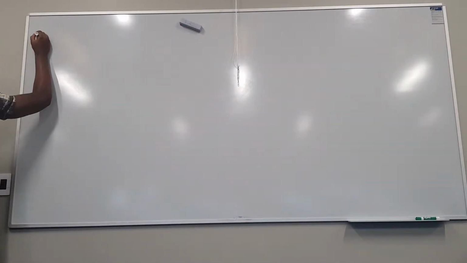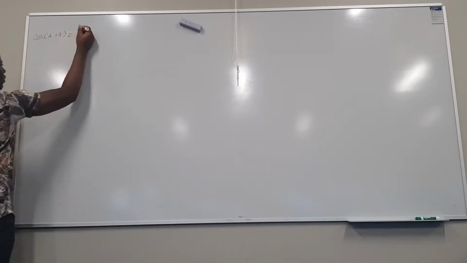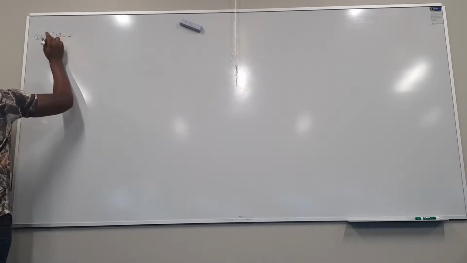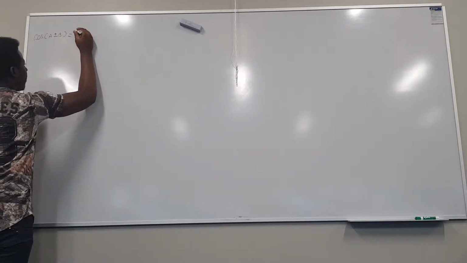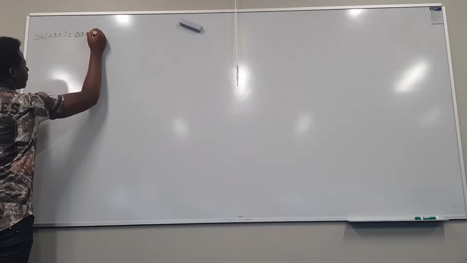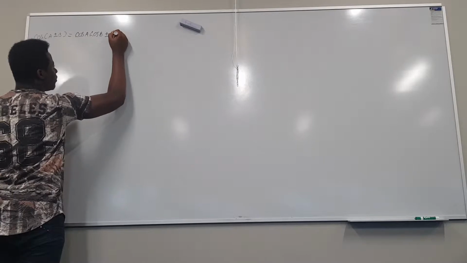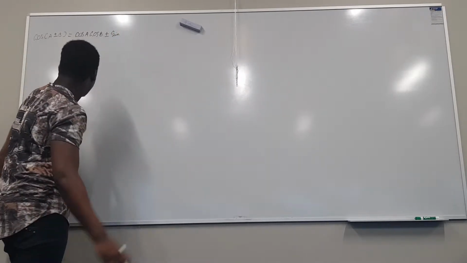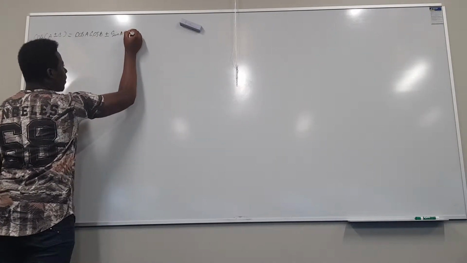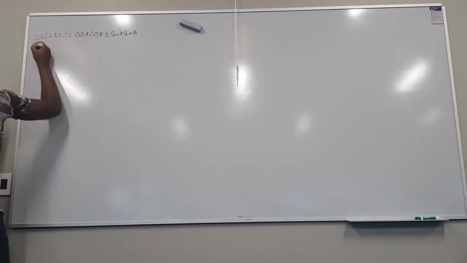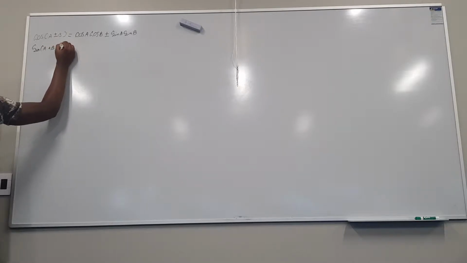So I have cosine of a plus b equal to, I'll just do plus or minus, and sine a plus b is equal to sine a cos b plus or minus sine b cos a.